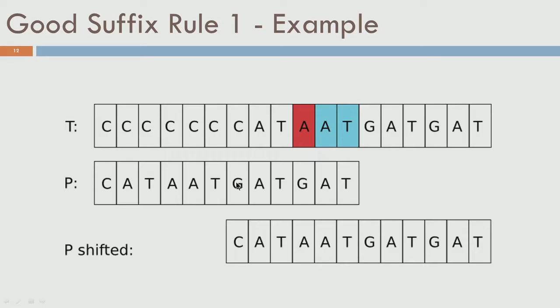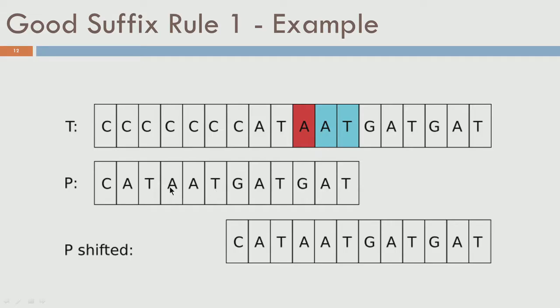Therefore, we do not shift it so that this AT is aligned with this AT. Let us look at this AT now, and let us look at the preceding symbol A, and in this case of course there is a match, and therefore we shift P all the way so that this AT aligns with this AT.